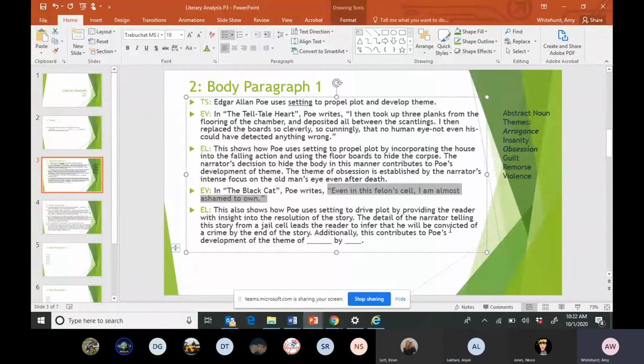When it says "I am almost ashamed to own," that made me think guilt or remorse. But again, I think you could still definitely do insanity. I think you could do violence because he was in jail because of murder. But with the addition of the word ashamed, that made me lean a little bit more towards guilt and remorse.